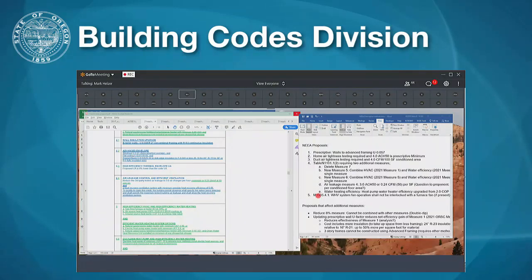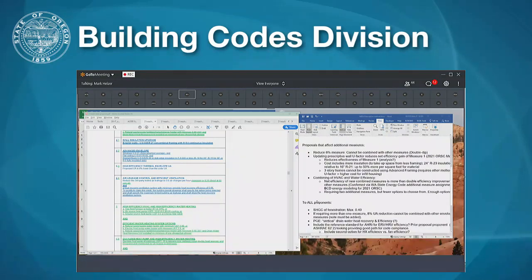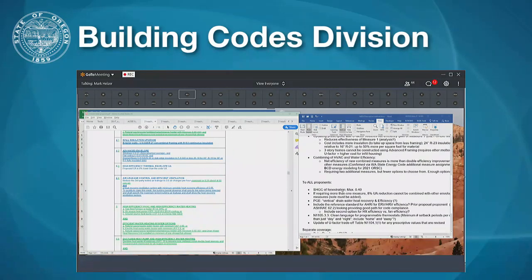One other item I did want to bring up today was that most everyone has proposed some commonalities. Everybody's looking to have the maximum solar heat gain coefficient for glazing at a 0.4 figure.